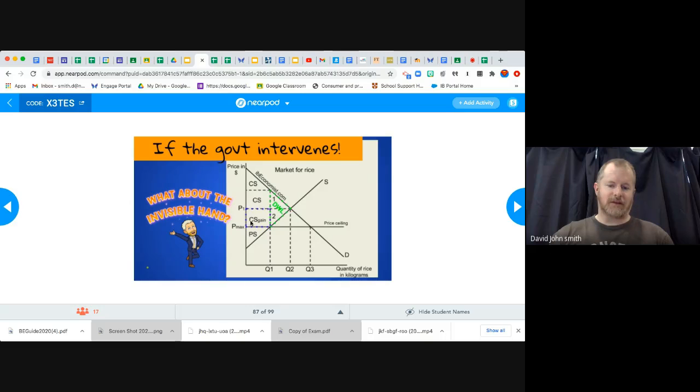You could work out the change in producer surplus. So that's this bit. It's the change in producer surplus. You can work out the change in consumer surplus, which is that bit. That's how much they have. Well, that's changed. And that. This bit is consumer surplus lost. This bit is producer surplus lost.